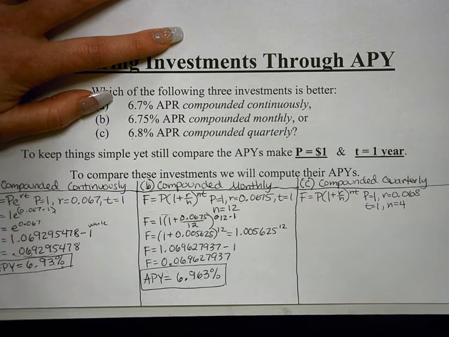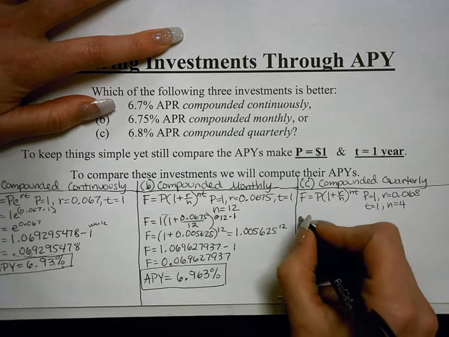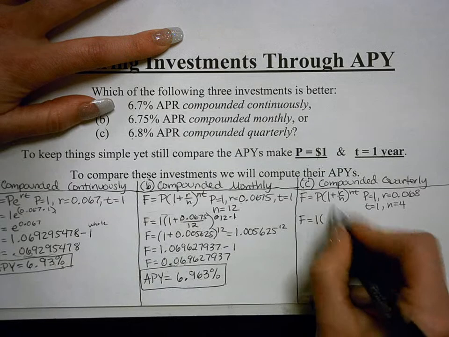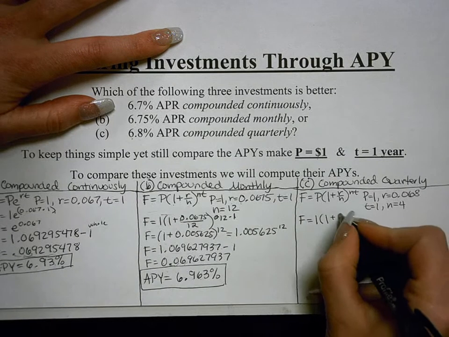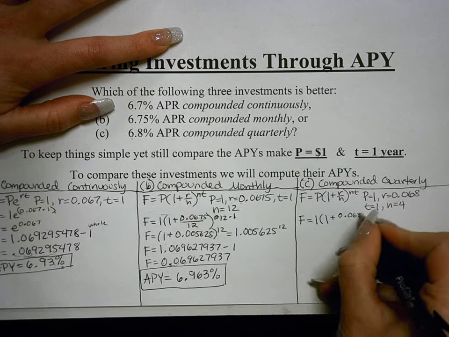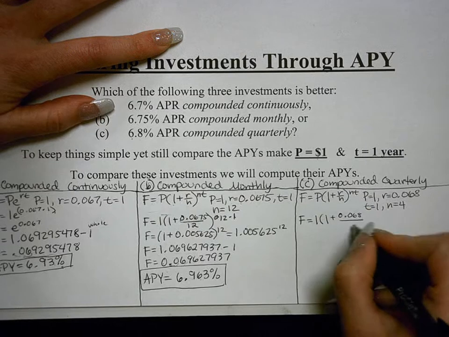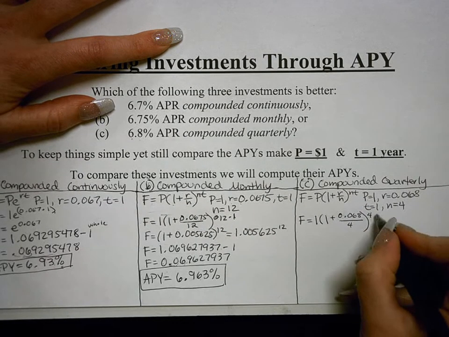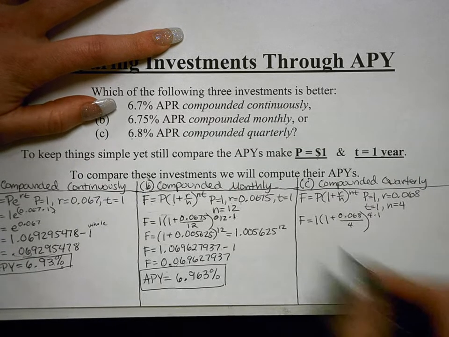What we get is F is equal to P, which is $1, multiplied by the quantity 1 plus the rate, 0.068, divided by N, which is 4, all raised to the N, which is 4 times T, which is 1. Just going to simplify this.